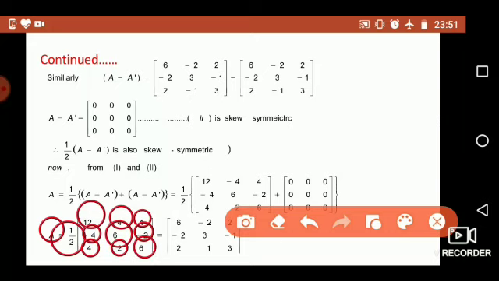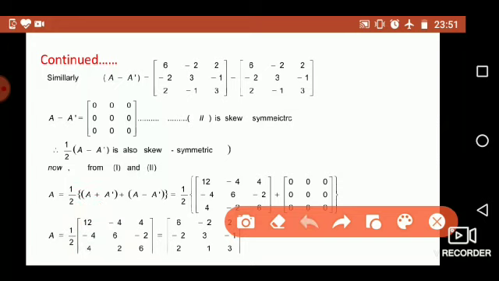Dividing throughout by 2 all the elements of the symmetric and skew symmetric matrix, we have 6, minus 2, 2, then minus 2, 3 and minus 1. Then we have 2, 1 and 3. This is nothing but the matrix A.